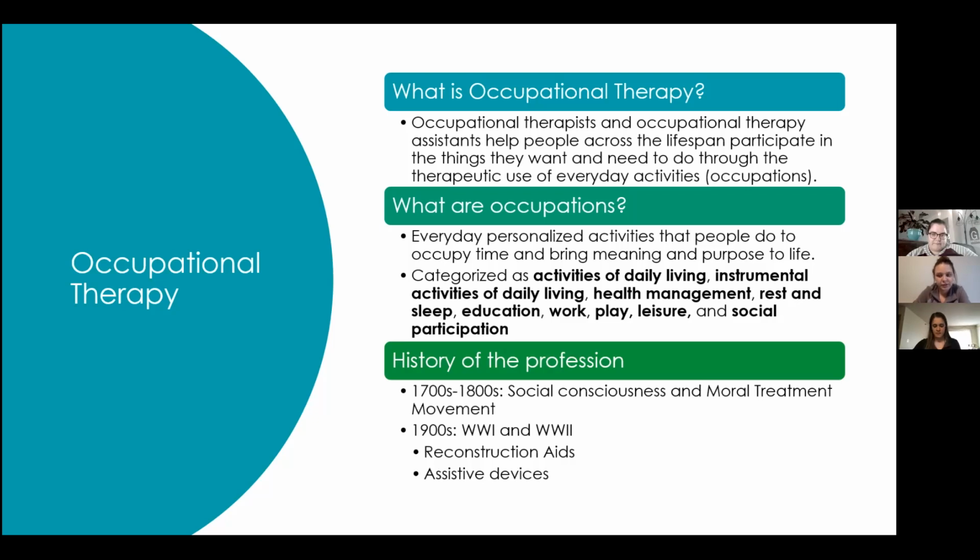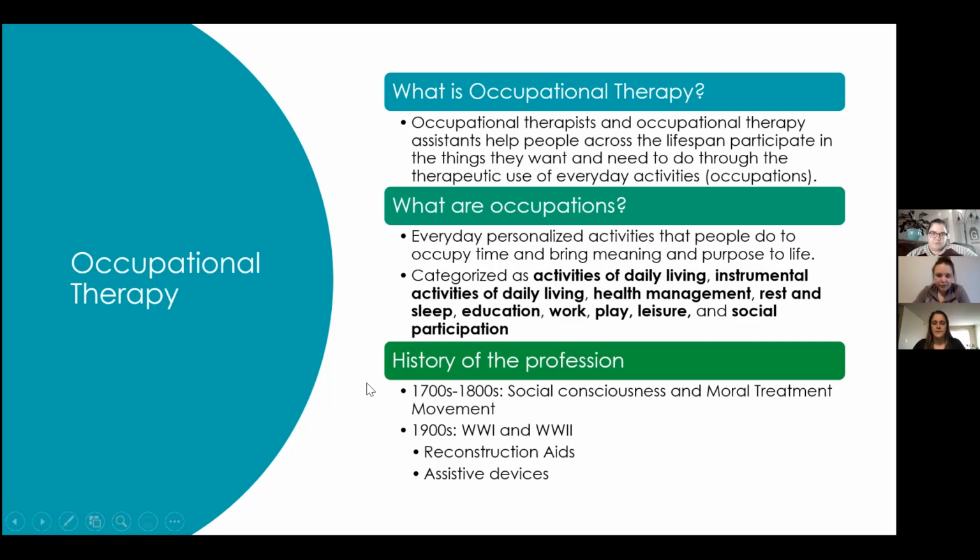So the occupational therapy profession originated with these populations and kind of planted its roots in the mental health area. After World War I and World War II, occupational therapy moved towards a physical health focus while working with injured soldiers returning from war. At this time, medical equipment was also improving, and assistive devices were being incorporated into rehabilitation and are still being used today.